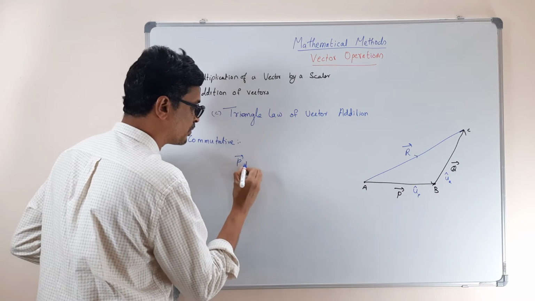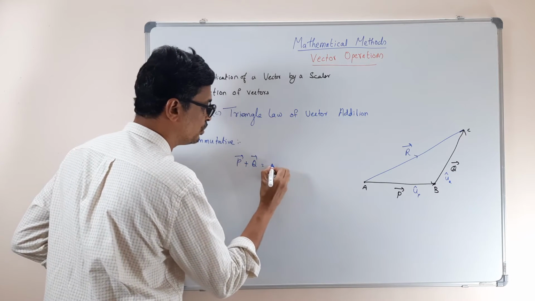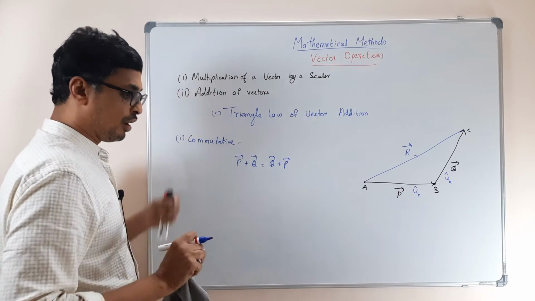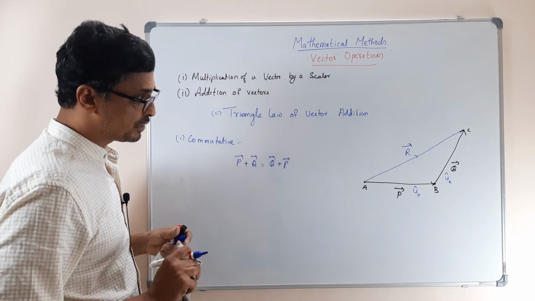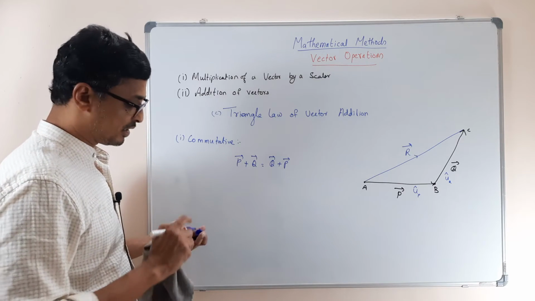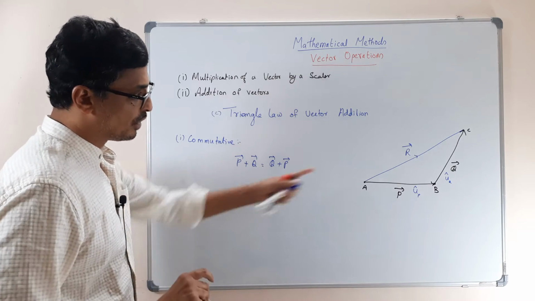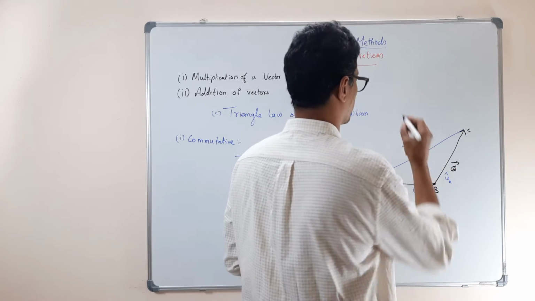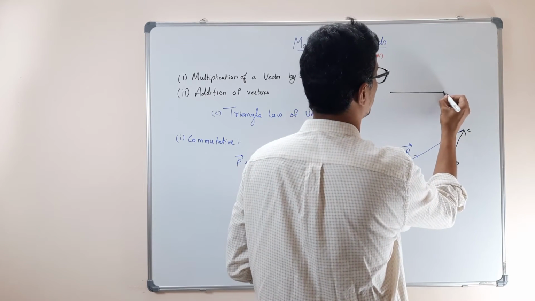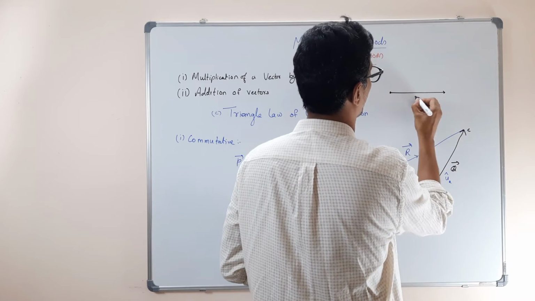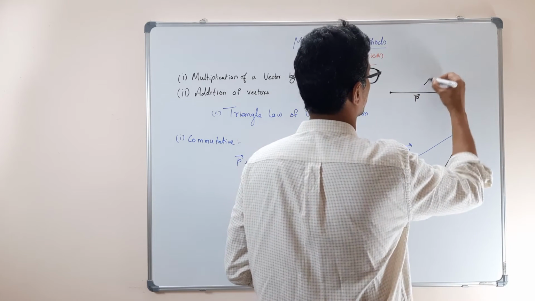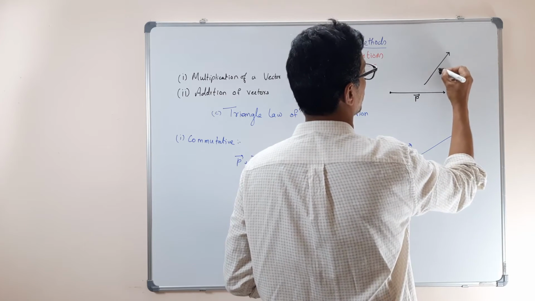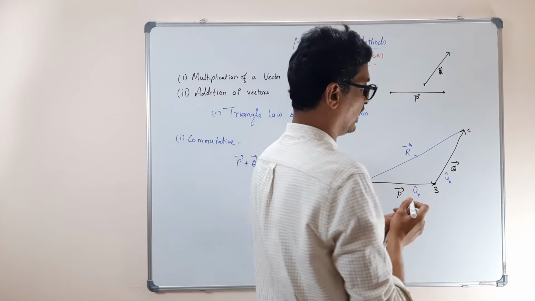P vector plus Q vector equals Q vector plus P vector. How do we prove this? How did we arrive at this figure? If you remember, we had two vectors. One vector we draw something like this, and we call it P vector, and another vector something like this, and we call this the Q vector, and we added them both like that.